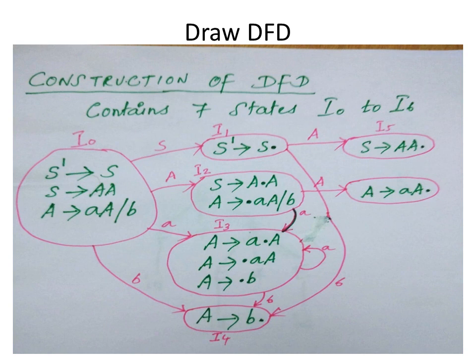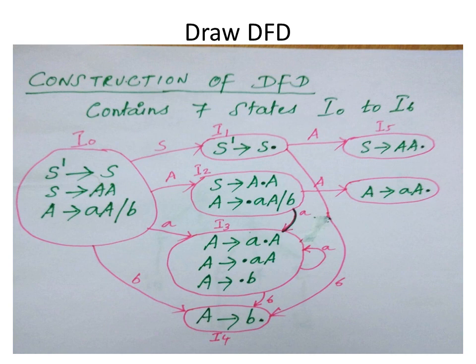So the augmented production, S' implies S, will become S' implies S dot. The dot is placed at the right hand side. Since after the dot there is no terminal or non-terminal available, we will see what to do next.